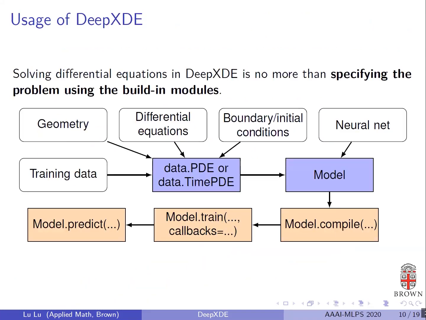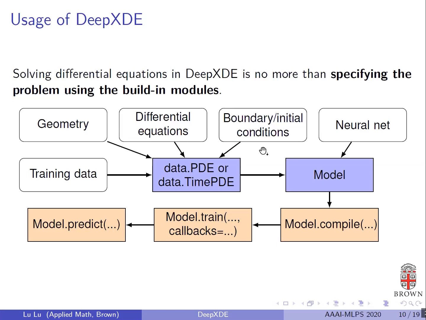Yeah, so in the second part of this talk, I will give a brief introduction to the usage of DeepXDE. In summary, in DeepXDE, solving differential equations is no more than specifying the problem using the built-in modules. As we know, a PDE problem should be defined by the geometry, the equations, and also the boundary and initial conditions.